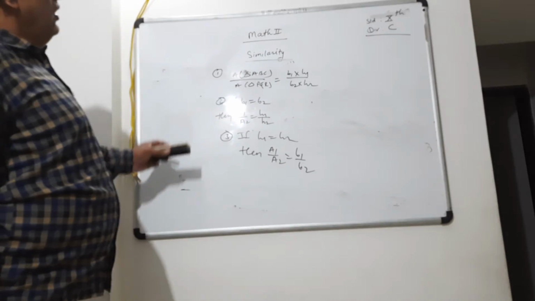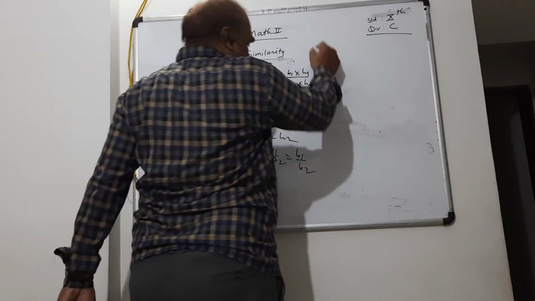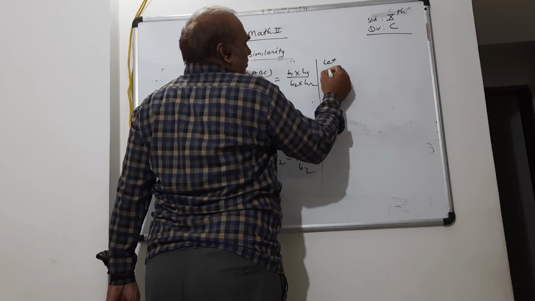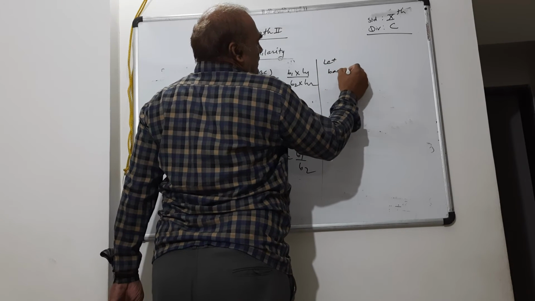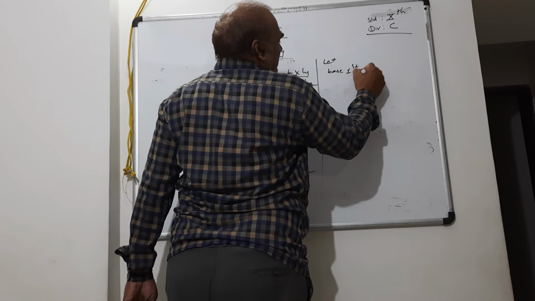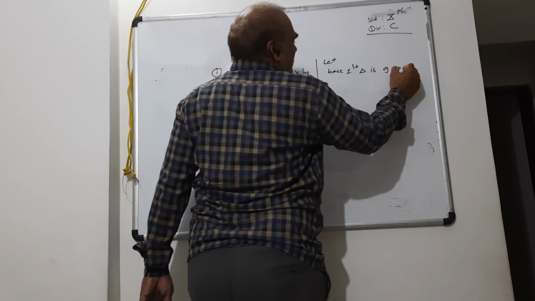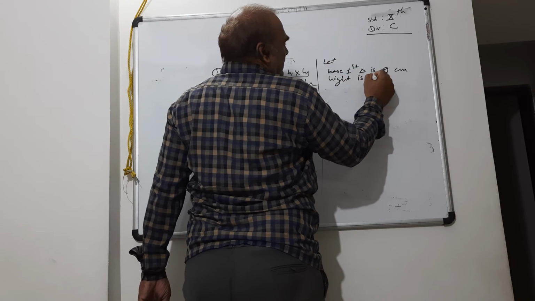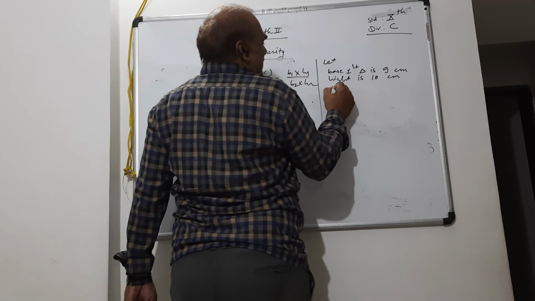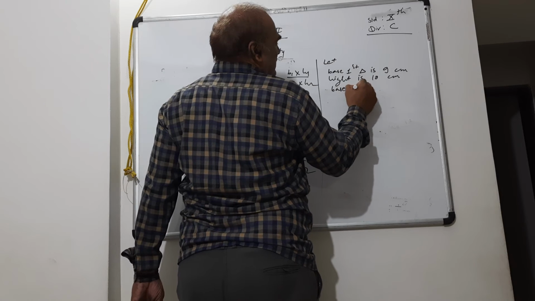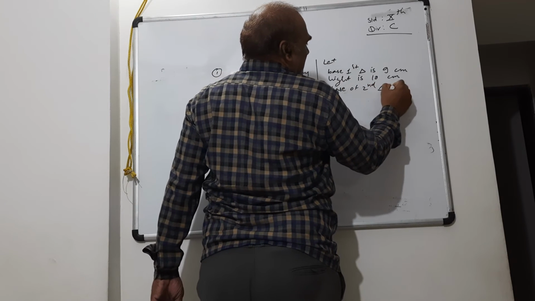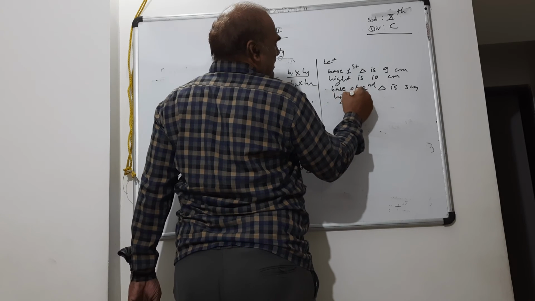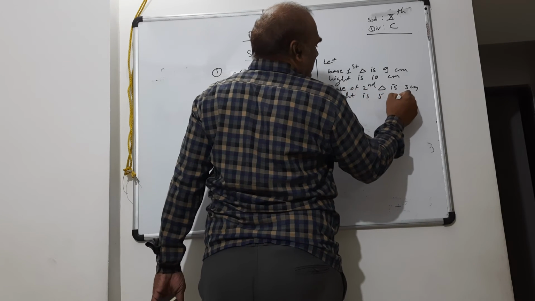Okay. Now let's see an example. Let the base of the first triangle be 9 centimeter and the height 10 centimeter. The base of the second triangle is 3 centimeter and the height is 5 centimeter.